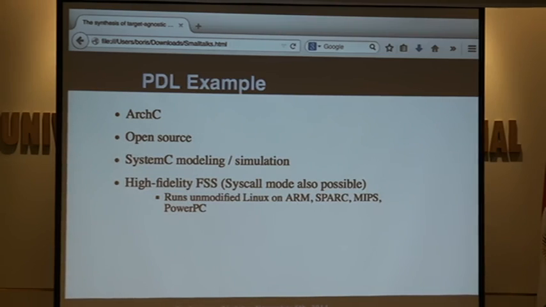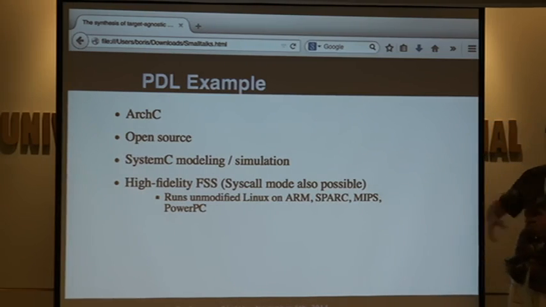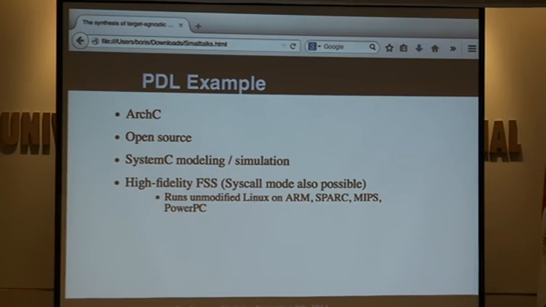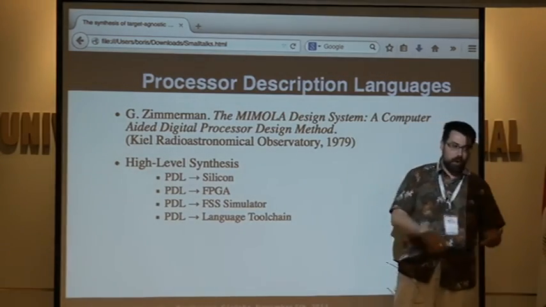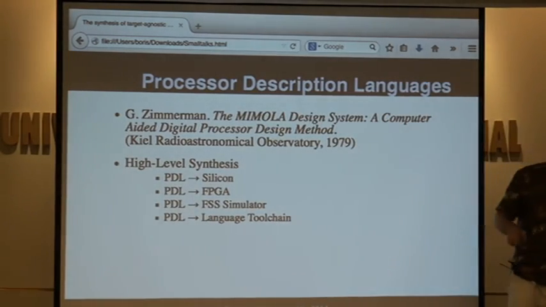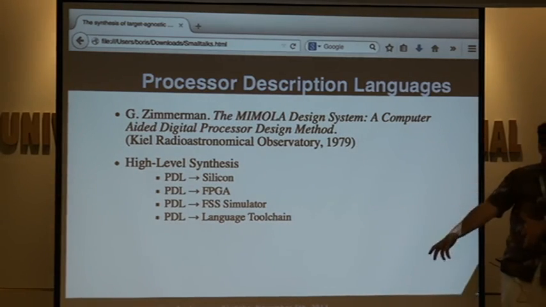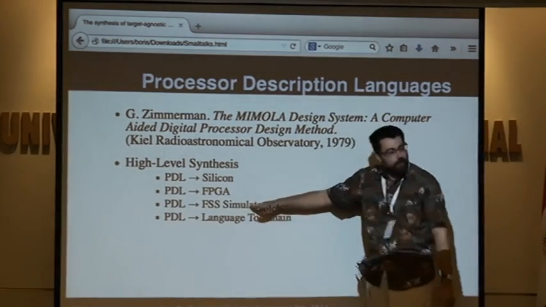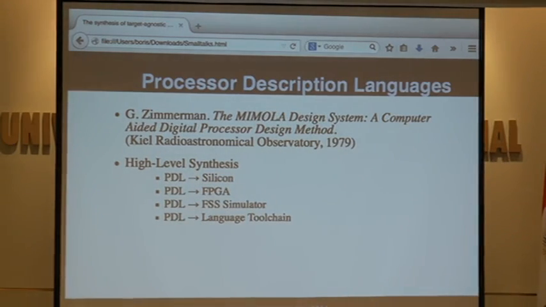Their full system simulator runs unmodified Linux on all of these platforms. So you just take a binary. I'm going to go back to the last slide: you produce the toolchain, so all of the binutils, the compilers, everything, and you compile the Linux sources into a binary, and then you run that binary with a full system simulator, which is derived from the same PDL, and the system boots. So that gives you an idea.